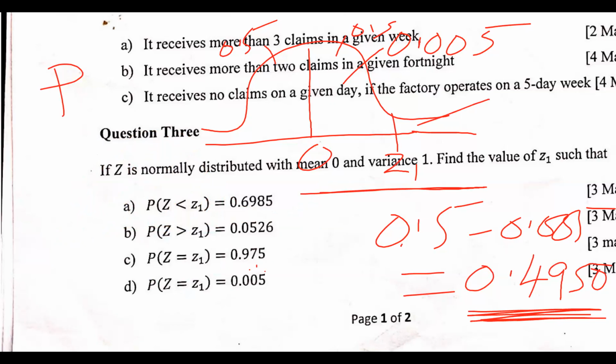But if you see that this number already exceeds 0.5, that simply means it came from a full table. You understand? Okay.